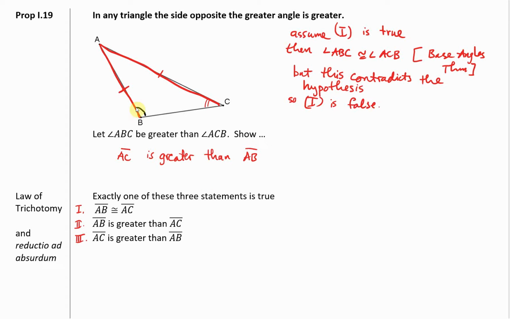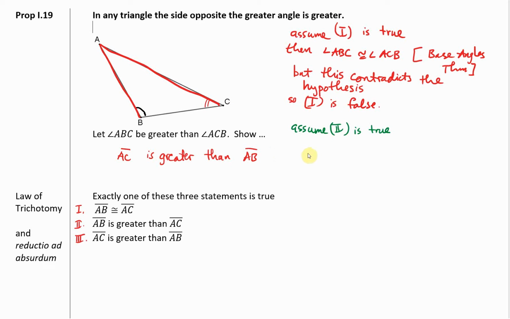All right, well, if they're not equal to each other, let's make a different assumption. Let's look at 2. Assume that 2 is true, namely, that AB is greater than AC. So this line segment here is greater than AC.